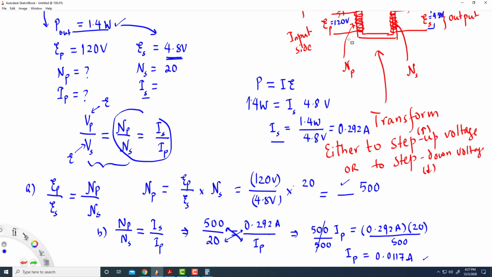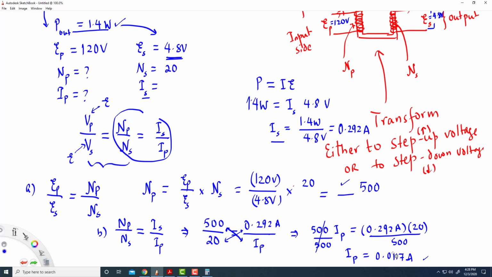So we are getting 4.8 on the secondary side. That means this is a step down transformer, but this step down transformer increases the current. You see our primary current is a small number, and our secondary current is 0.292, which is greater than that.